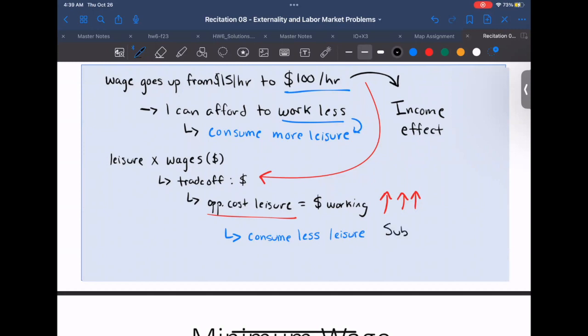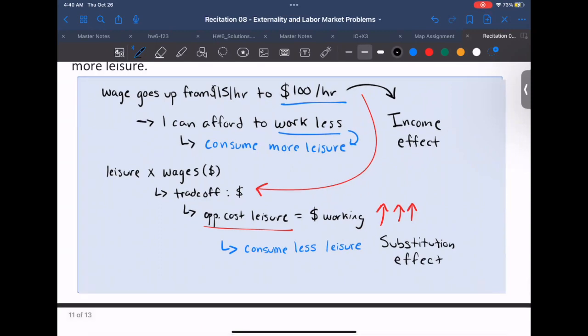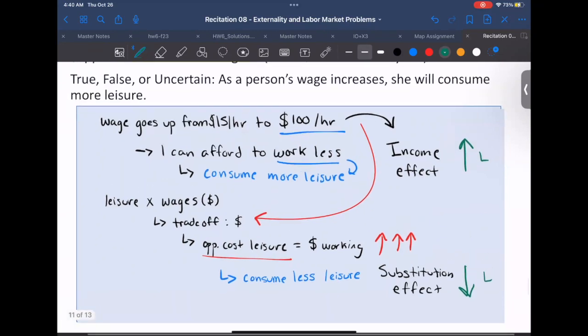And we're going to call this the substitution effect. So these effects contradict each other. The income effect is saying consume more leisure, and the substitution effect is saying consume less leisure.